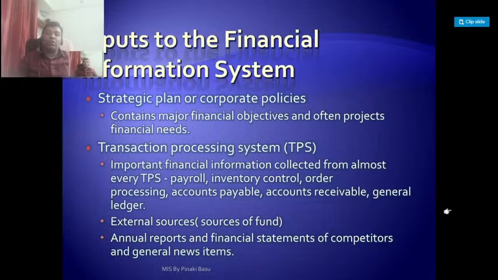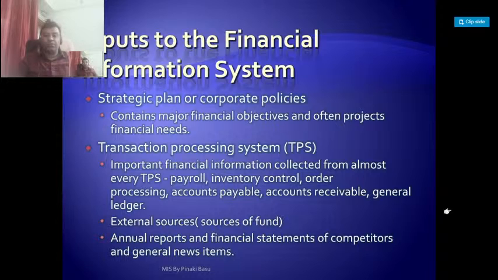Input as well as output: external sources, like sources of funds from where you have received money, or internally how you manage the funds. Maybe you have diverted funds from one department to another, or borrowed from outside, such as a bank, a money lender or friends, or you have launched your IPO shares. These all come under TPS, the transaction processing system.